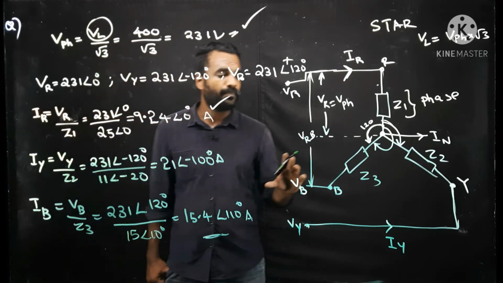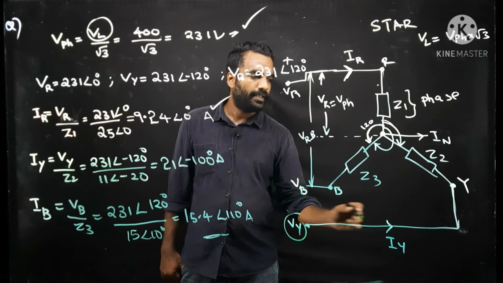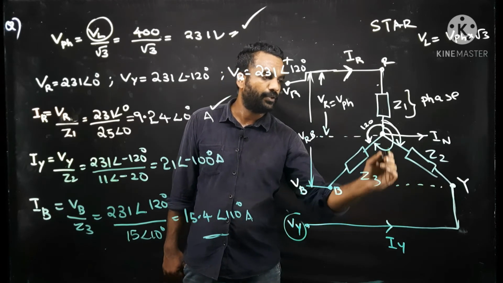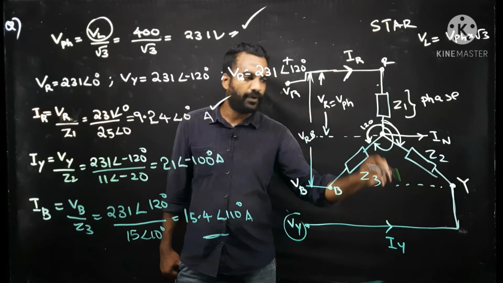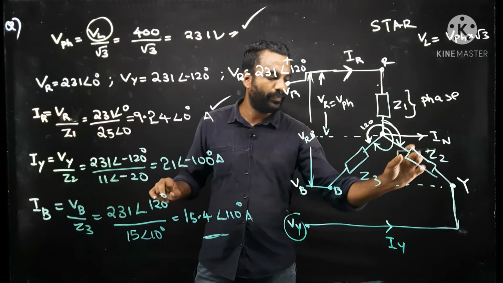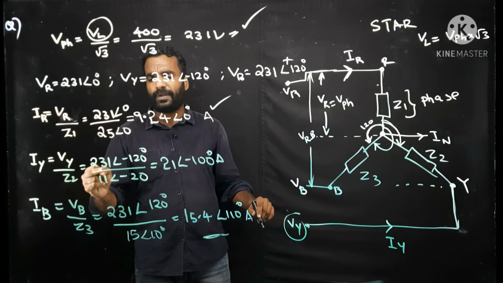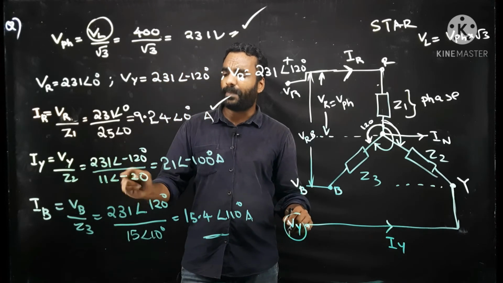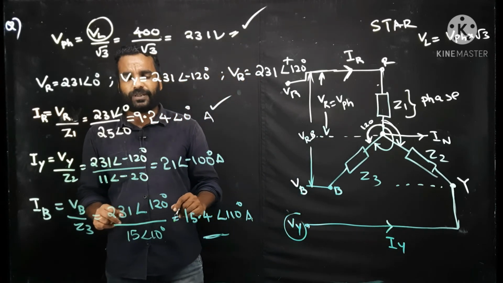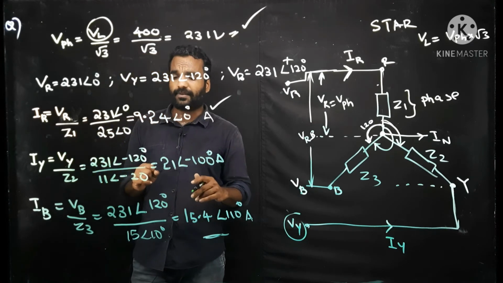IY is equal to VY, this is the VY between the Y phase and neutral. VY by this Z2 will give this current IY. IY is equal to VY by Z2, 231 angle minus 120 by 11 angle minus 20. So that is 21 angle minus 100 ampere.